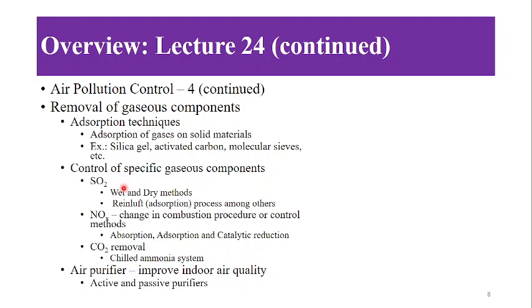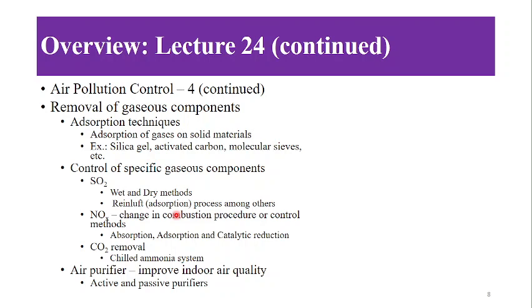First is SO2. SO2 can be removed through wet and dry methods, and mainly the Rhine-Left adsorption process was discussed here. For NOx, as we know, NOx is usually generated from combustion at high temperature.